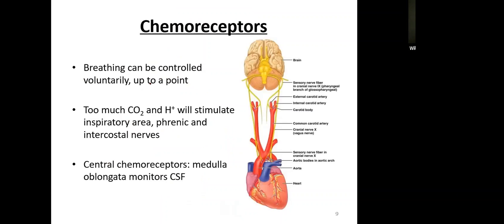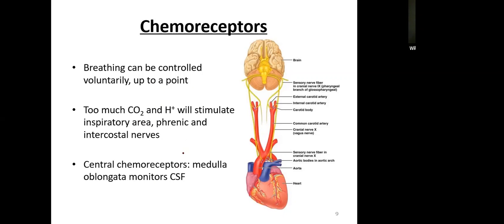We can control if we take a nice deep breath in and how much of an expirational force we use. But things like too much CO2 will stimulate the inspiratory area, and the phrenic and the intercostal nerves will therefore be innervated.